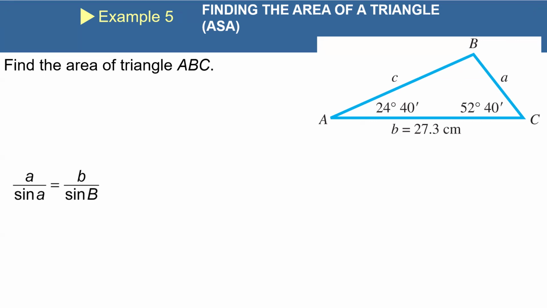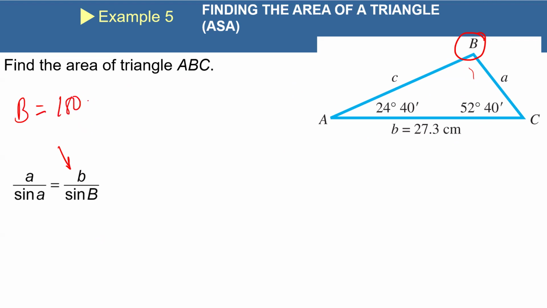So the first piece of information that we need to find in order to make this work is angle B. Because in order to lead to the law of sines, I need to have one perfect ratio. And currently right now, do I have a perfect ratio? No, but I can find angle B. And how can I find angle B? I add and subtract.